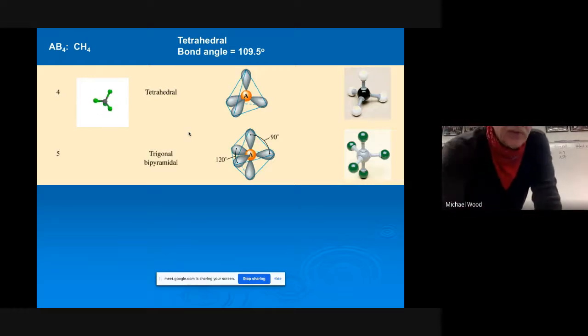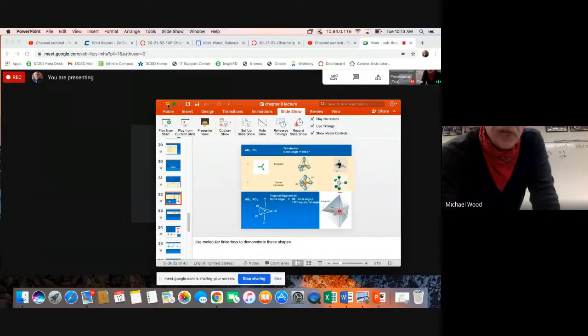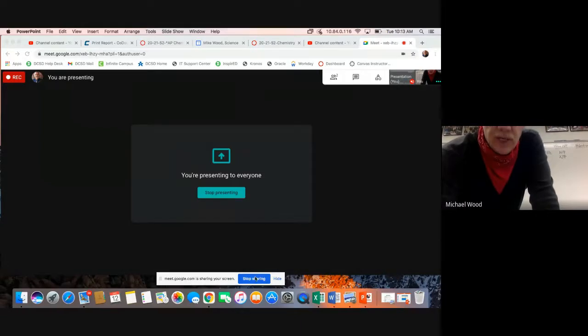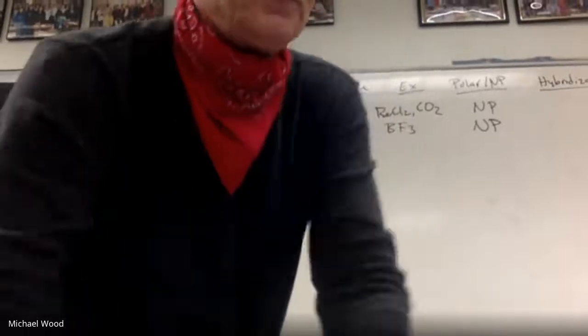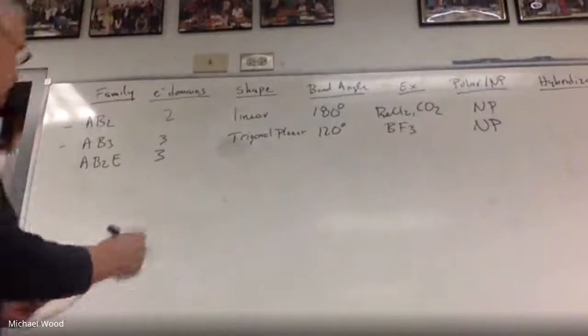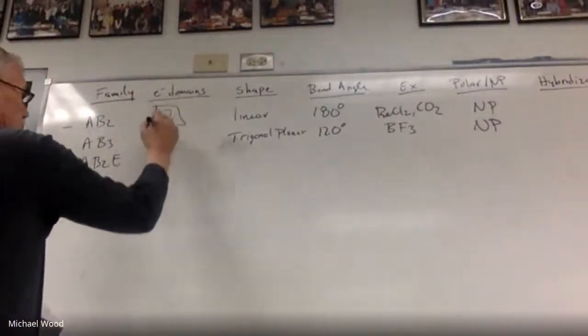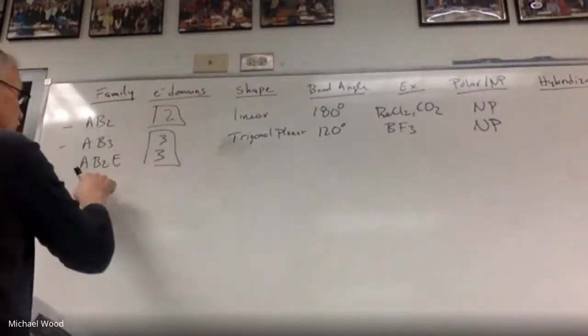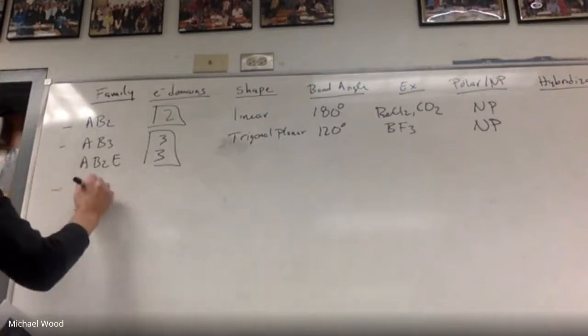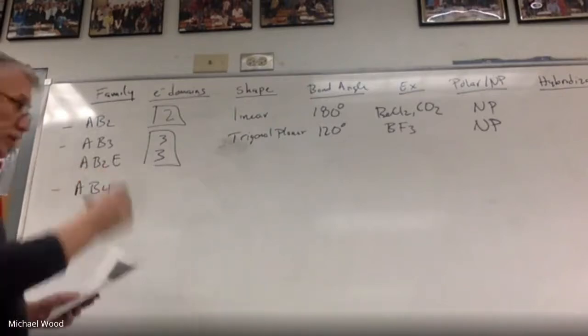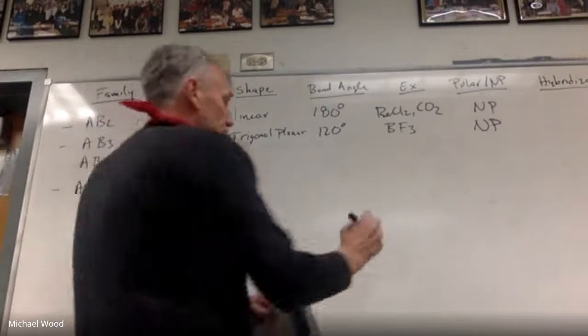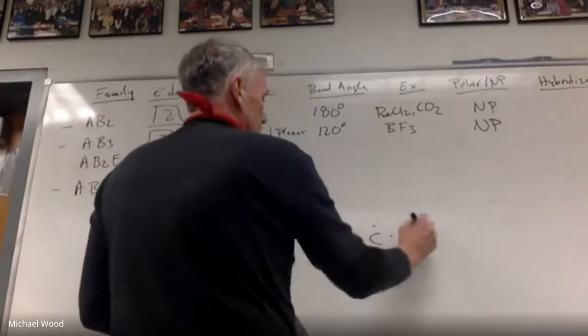Okay, so let me just do this one and we'll stop, and that is where we will pick up tomorrow. If I do the dot structure, everything kind of centers on electron domains. And again, this one we're going to come back to under AB4. So CH4 looks like this.